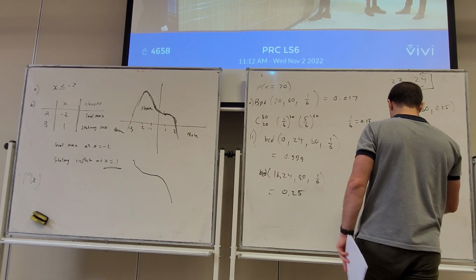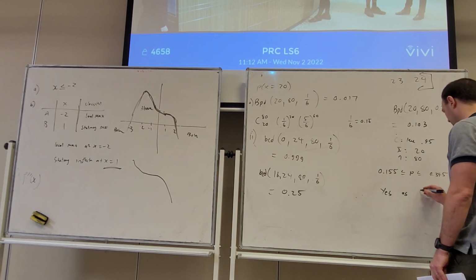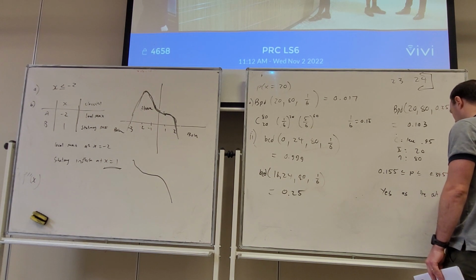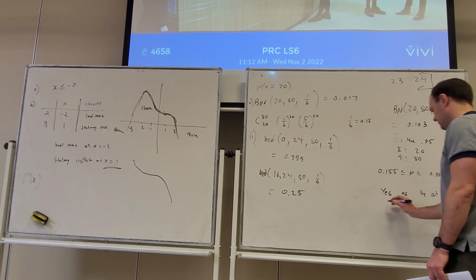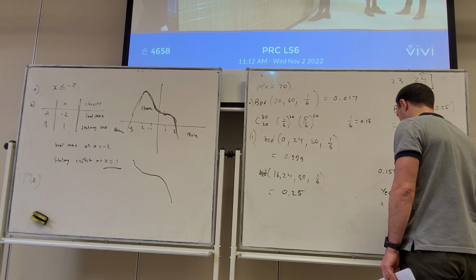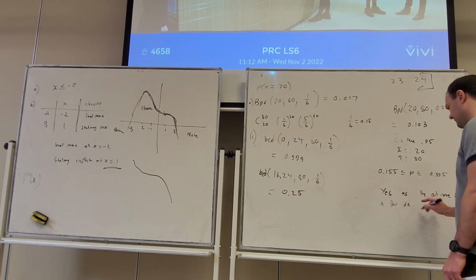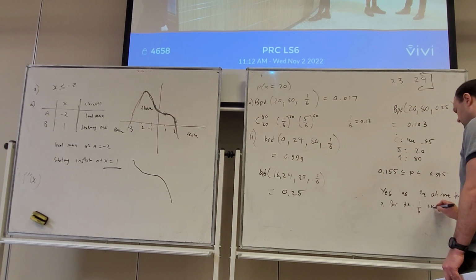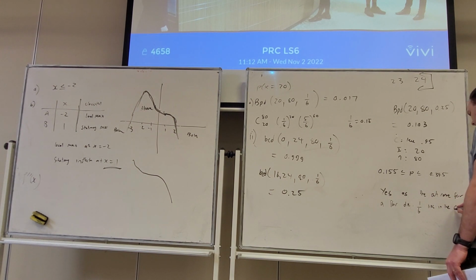Yes, as the outcome for a fair die, 1 on 6, lies in the confidence interval. All right, again, I'm doing this shorthand up here, but in the exam, I wouldn't assume that they know what you mean when you say CI or POI or those kinds of things. POC, write them out.